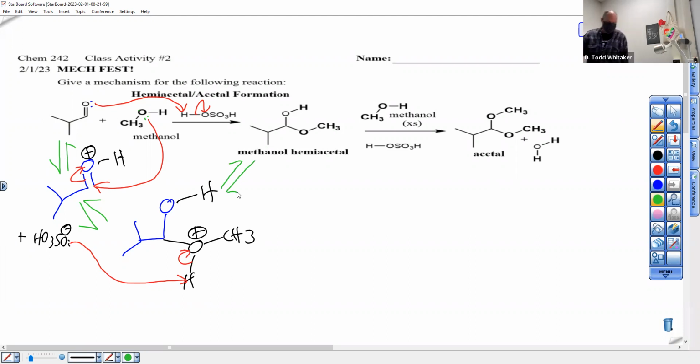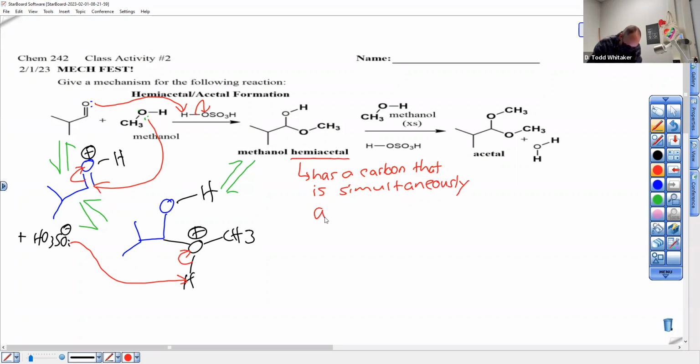So before we move on, what is a hemiacetal? Let's put a definition. Has a carbon that is simultaneously two functional groups. I need you to list them for me.